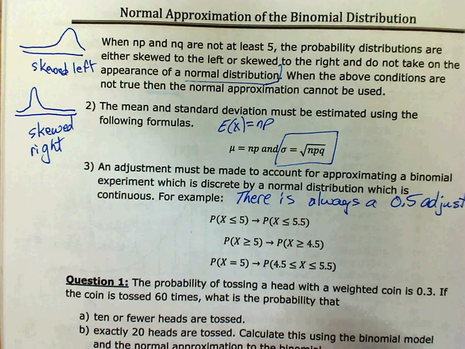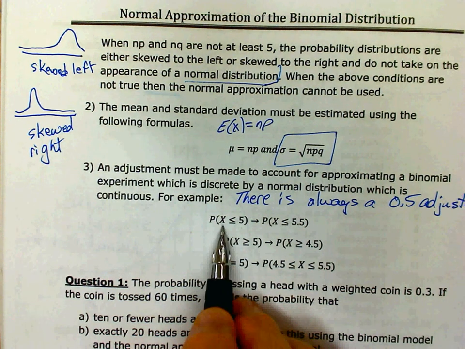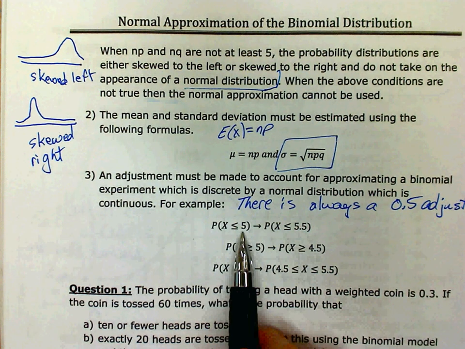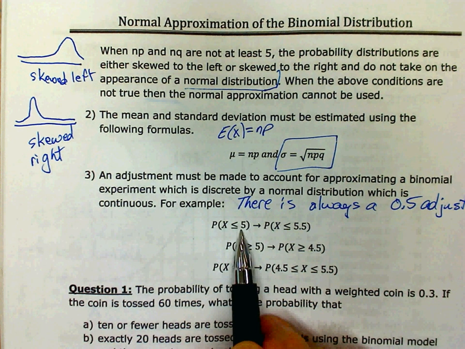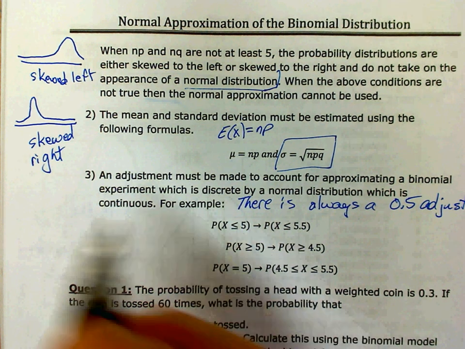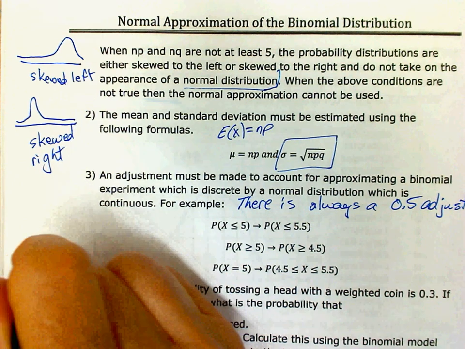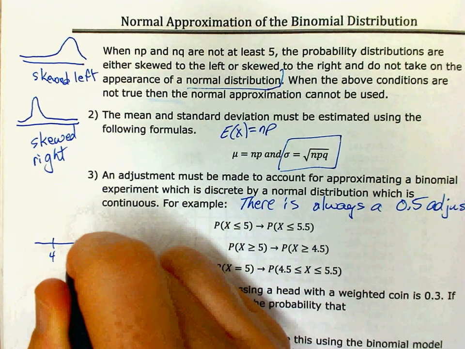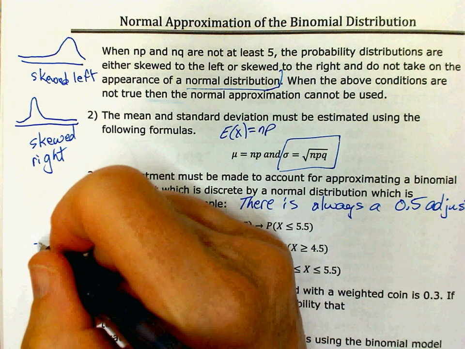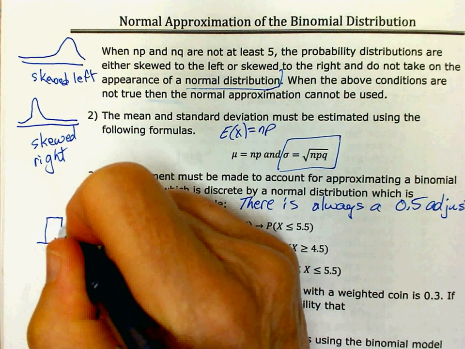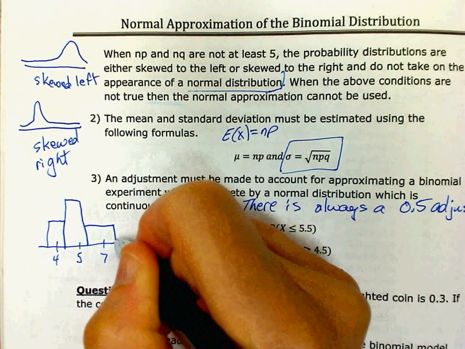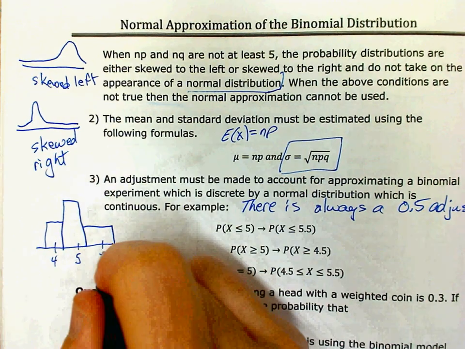So if the probability is less than or equal to 5, the adjustment is, because we want to include the 5, we have to go less than or equal to 5.5. Let's take a look at this. Do you remember when we did a discrete distribution, we had our histograms like this? Maybe we'll call that 6.